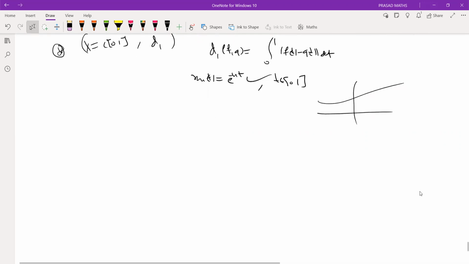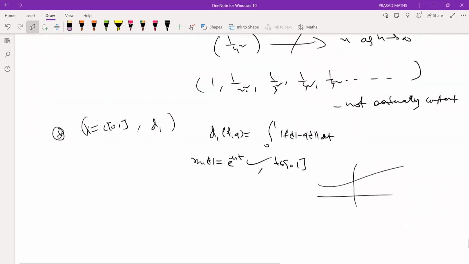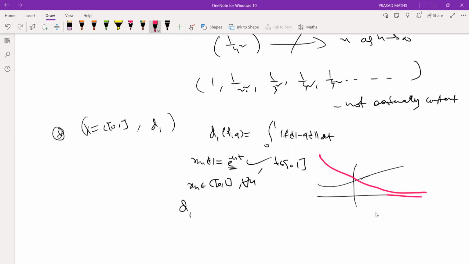So each x_n belongs to C[0,1]; each function is a continuous function. Look at the behavior of this function: it tends to 0. Therefore, your guess for the limit is 0.